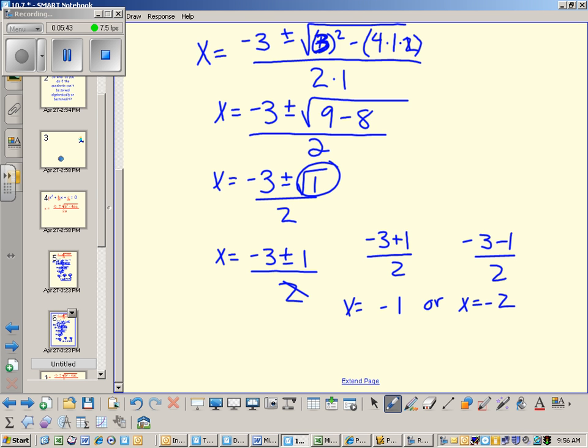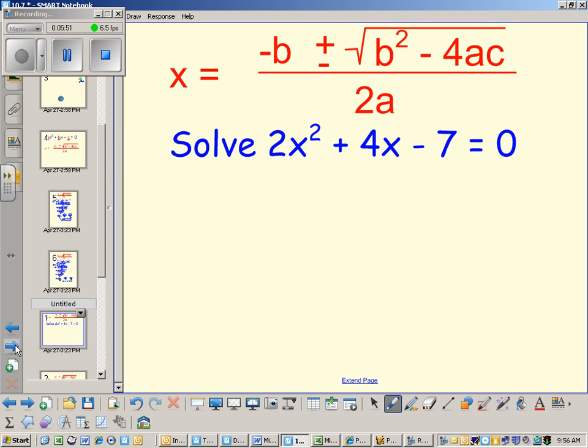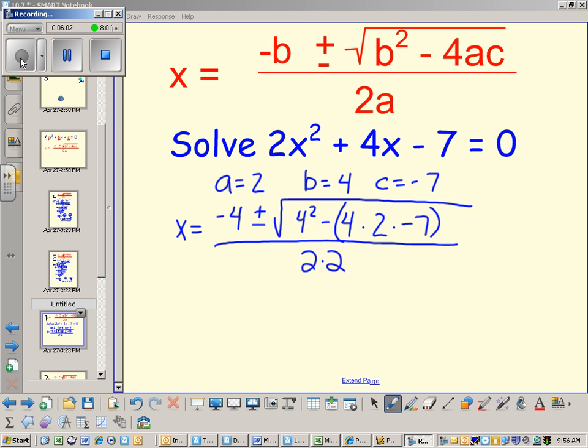So then I want to show you one last problem where the radical here isn't a perfect square. So we identify a equals 2, b equals 4, c equals negative 7. So we're going to substitute and simplify. So what we're looking at here is x equals the opposite of b, so negative 4 plus or minus the square root of 4 squared minus 4 times 2 times negative 7 all over 2 times 2.